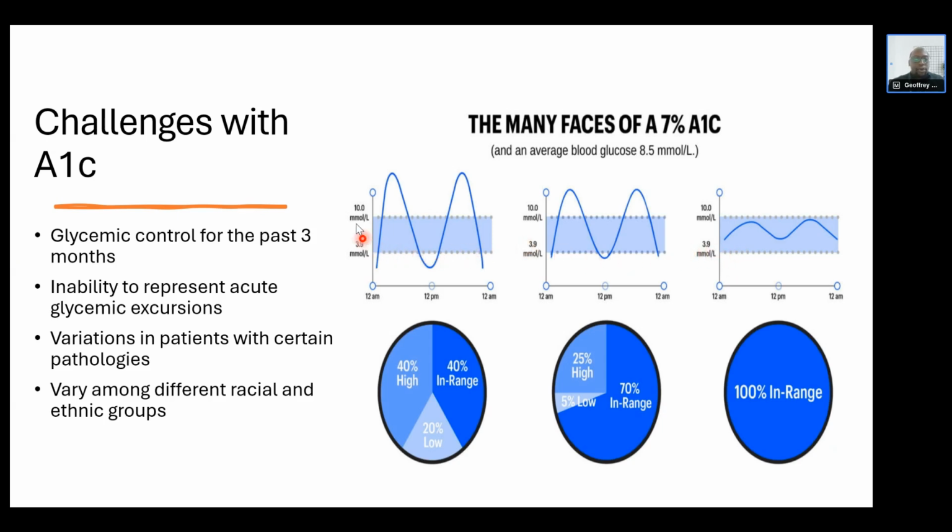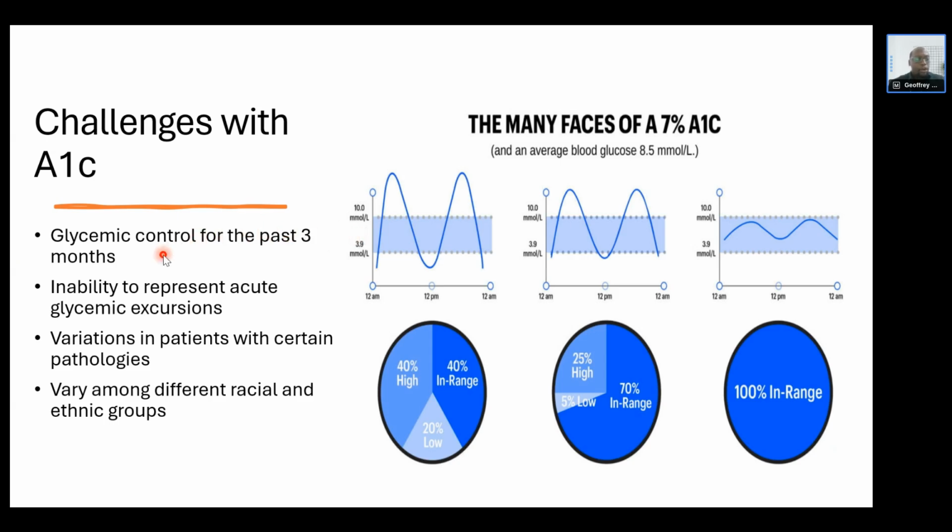However, if you look at the first individual here, he has had very many episodes of hyperglycemia and episodes of hypoglycemia, but overall, when you look at the average of his glucose, it's still 8.5. So hemoglobin A1C is good for monitoring, but it does not give you the advantage of knowing how your glucose control is in the course of the day.